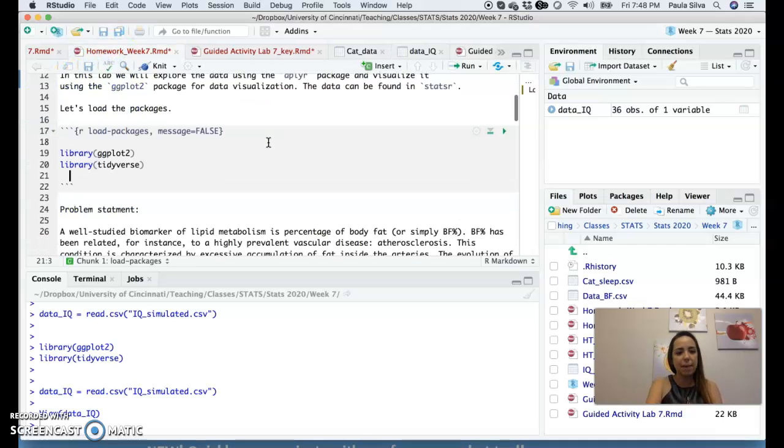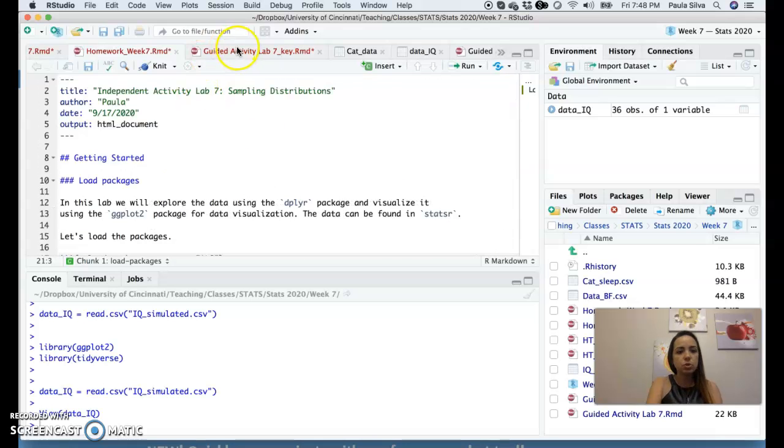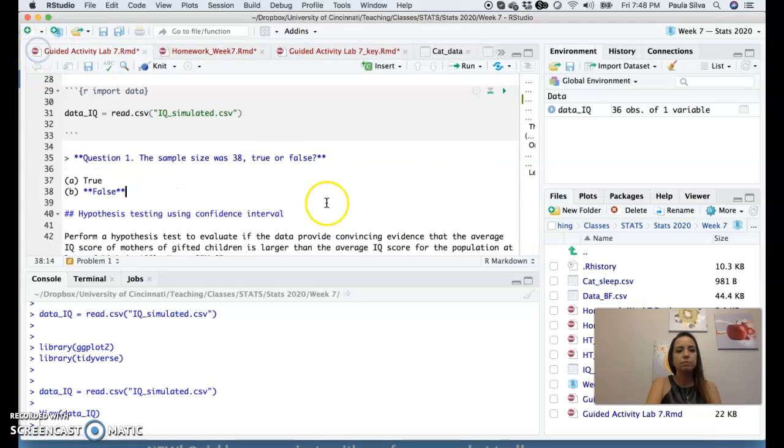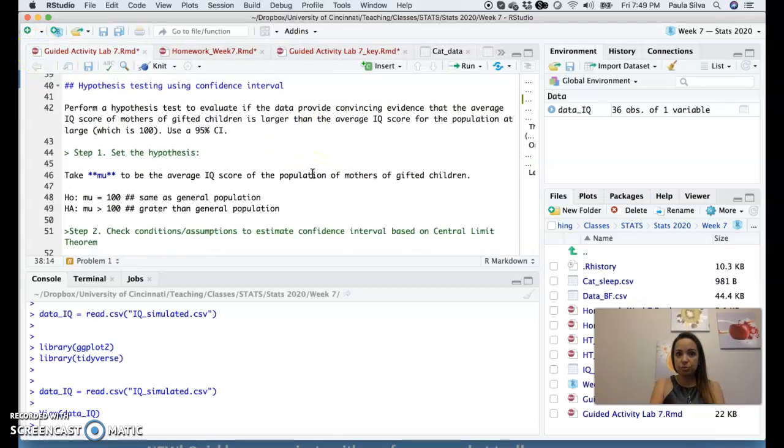So let's get back on track here. Sorry, it's guided activity. So, hypothesis testing using confidence intervals. We've just learned all about how to compute confidence intervals when you can get to a sampling distribution by applying the central limit theorem, right?